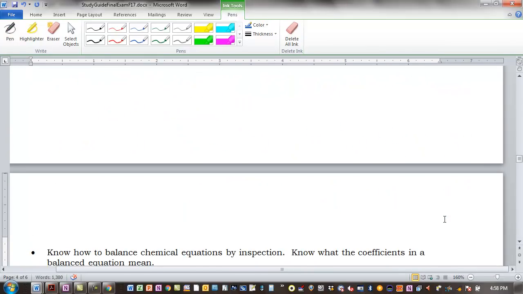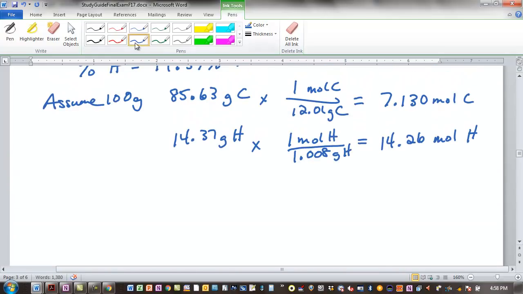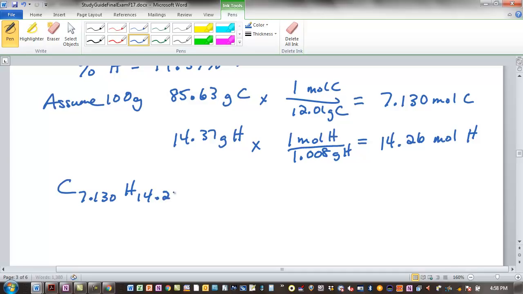So this one does come out pretty close to whole numbers, but we should still do the next step because a lot of them will not be like this. So that would be a correct formula. That's the correct ratio between carbon and hydrogen, but we want whole numbers. So what do we typically do here?